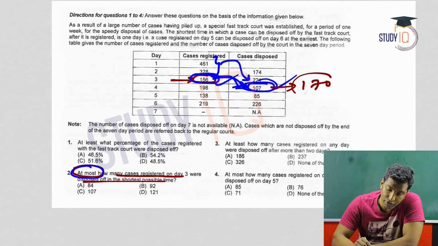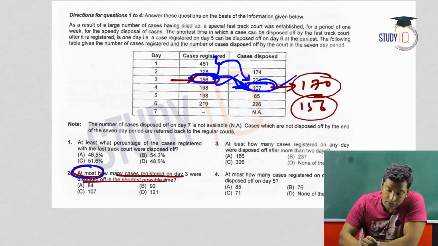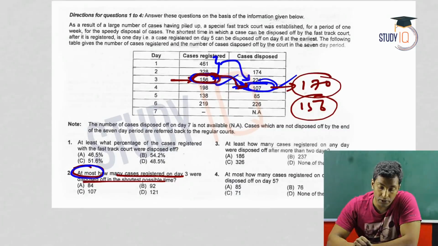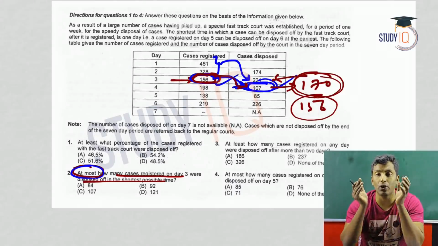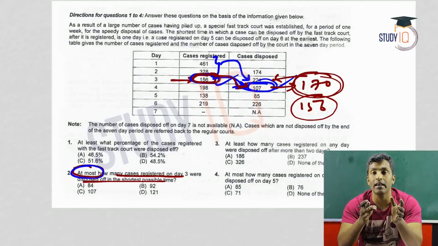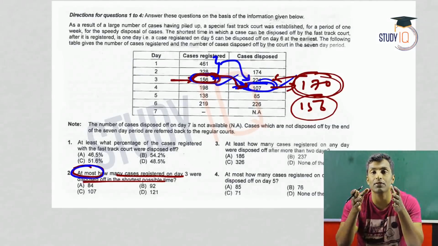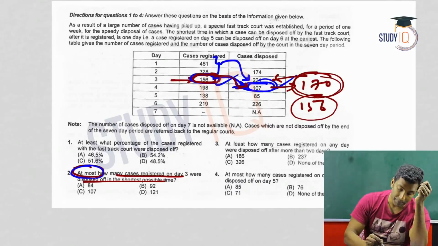Then we would write 156 as the answer, because if you try to maximize, 156 will come from this and 14 maybe from the previous day, if you resolve 170 cases on day 4. But here, since only 107, which is less than the number of cases registered on day 3, we will take those complete cases which were resolved as the cases from day 3. So your answer is going to be C for Calcutta.